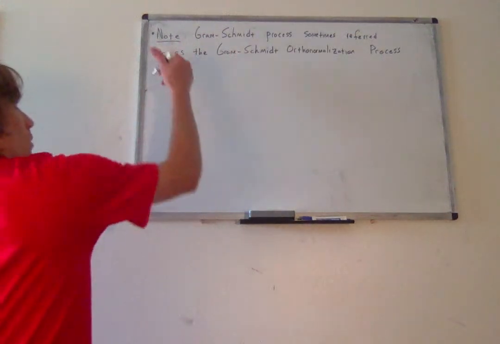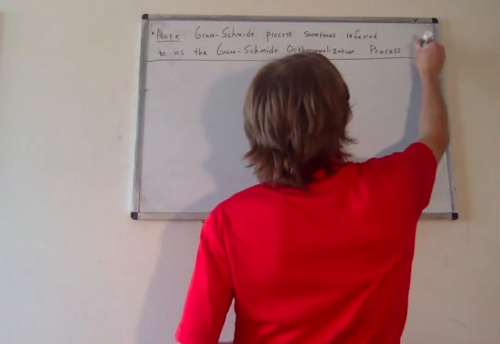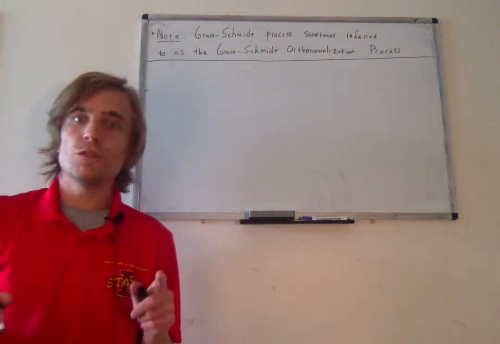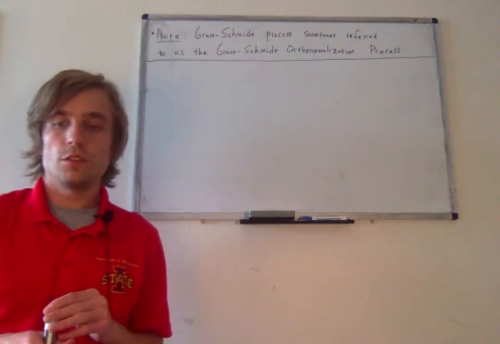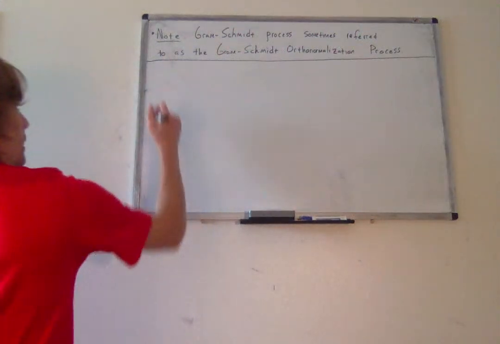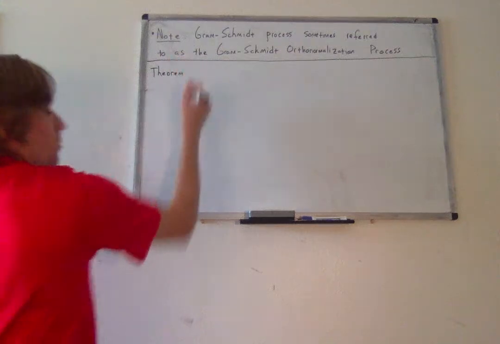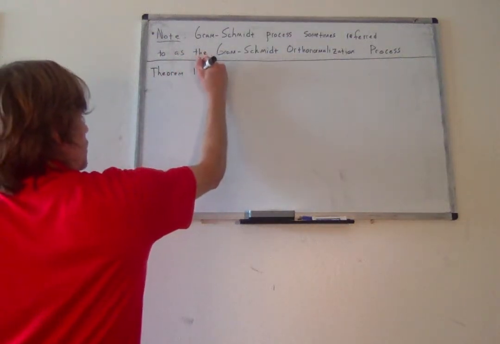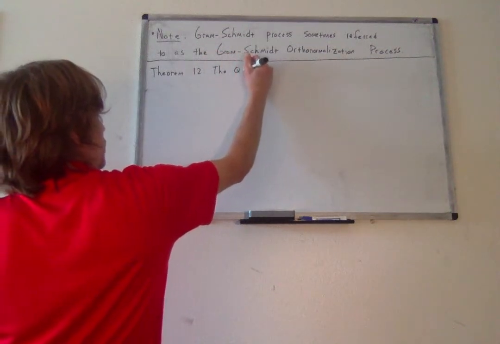So, changing directions a little bit for the rest of this section, this process also gives us a new type of factorization for any matrix A. This is theorem 12 in your book, and this is called a QR factorization of a matrix.